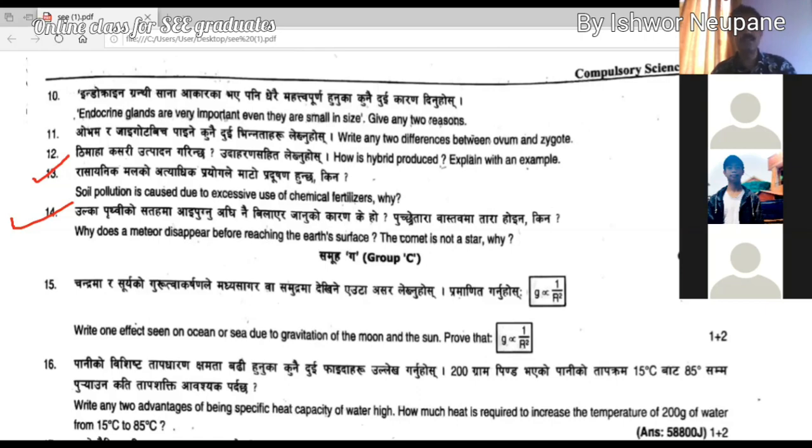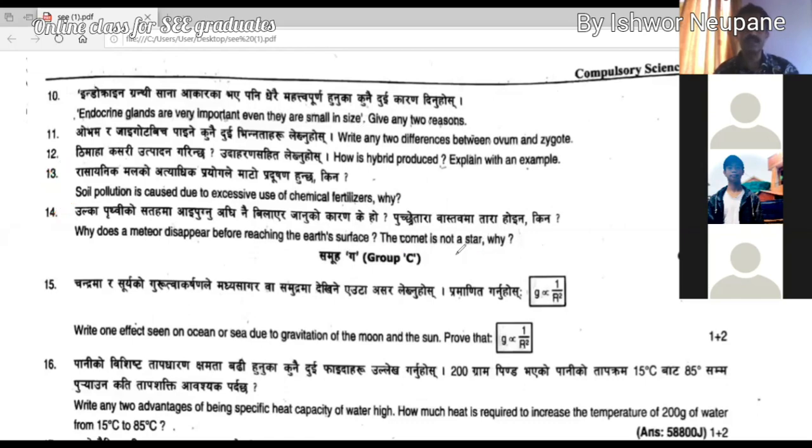Next one: the comet is not a star because it revolves around the sun. Okay, so this question is also discussed.